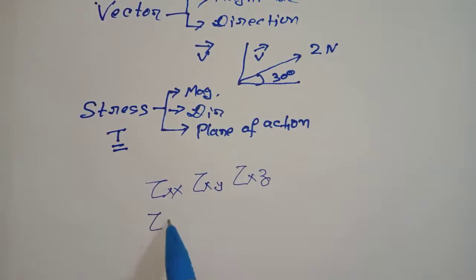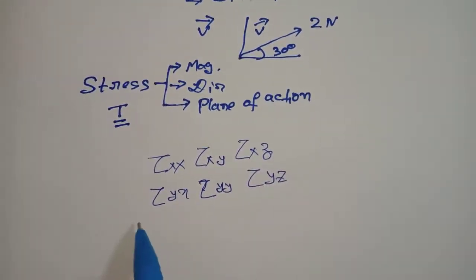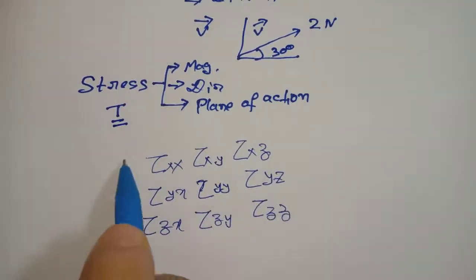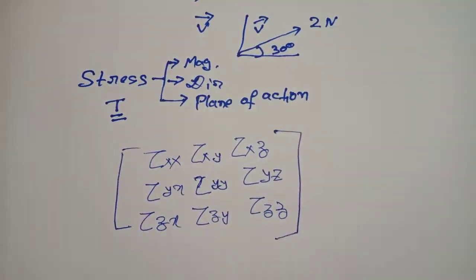Then we have tau yx, tau yy, and tau yz. Then further, in the z plane, tau zx, tau zy, and tau zz. And this actually forms a stress tensor.